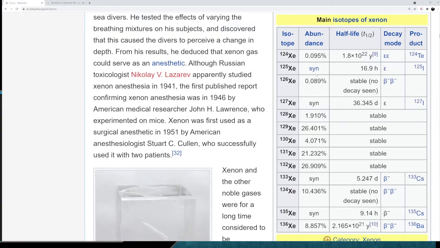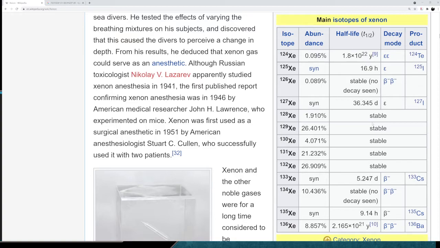So 1, 2, 3, 4, 5, 6, 7, 8, 9 different isotopes of xenon. All of those are going to have their own isotope mass, not given here because this is just mass numbers, as well as an abundance. And so if we wanted to find the atomic mass of xenon, we would have to add up 9 products.